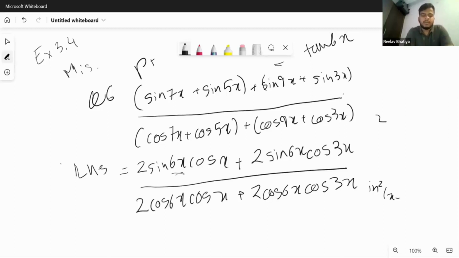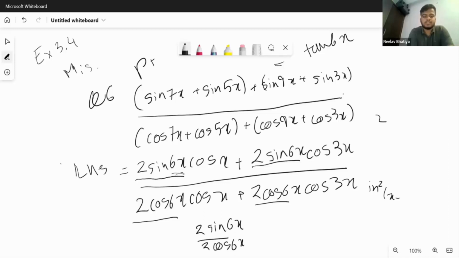From the numerator and denominator, you can take 2 times sin 6x common in the numerator, 2 times cos 6x common in the denominator, and when you do that, you're going to have 2 times sin 6x, 2 times cos 6x, and in the numerator you're going to have cos 3x plus cos x.